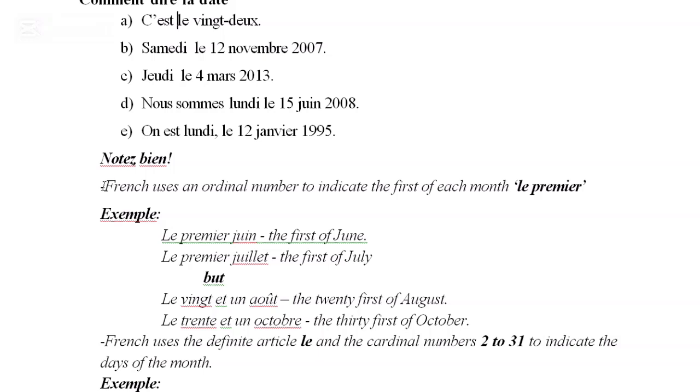So here you have seen that French uses ordinal number to indicate the first of each month. So the first of each month we say le premier. Le 1er juin, the 1st of June. Le 1er juillet, the 1st of July. But from there, henceforth, we use cardinal number.